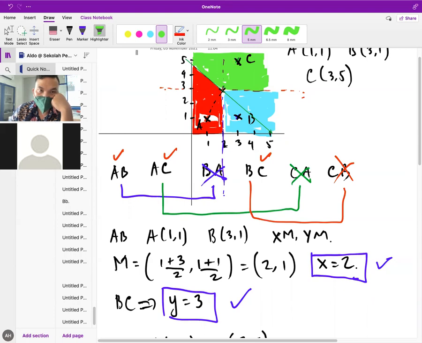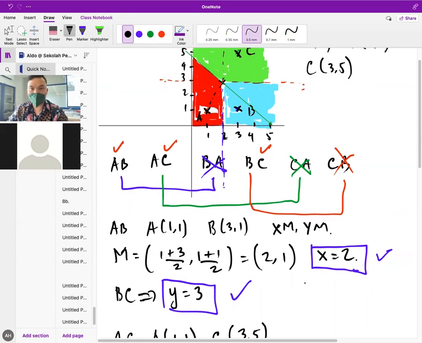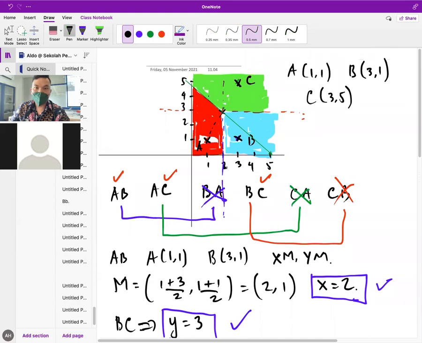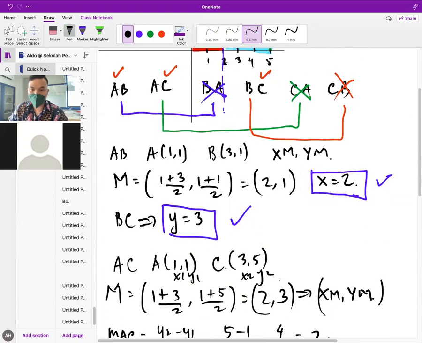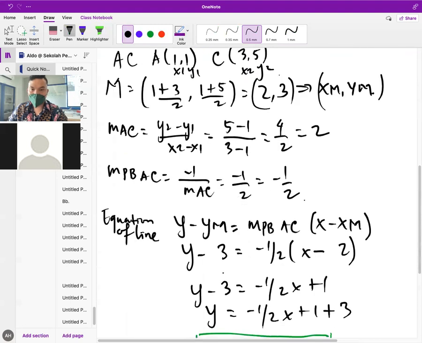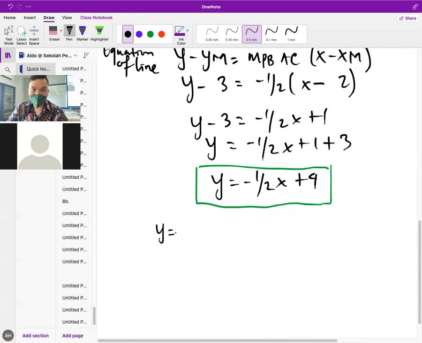Okay, now is it true? This is how you know whether it's actually true or not. Now, this is actually the perpendicular bisector of AC, right? The edge is the equation of the line for AC. So we need to use this equation, y is equal to minus a half x plus 4. In other words, y plus a half x is equal to 4.